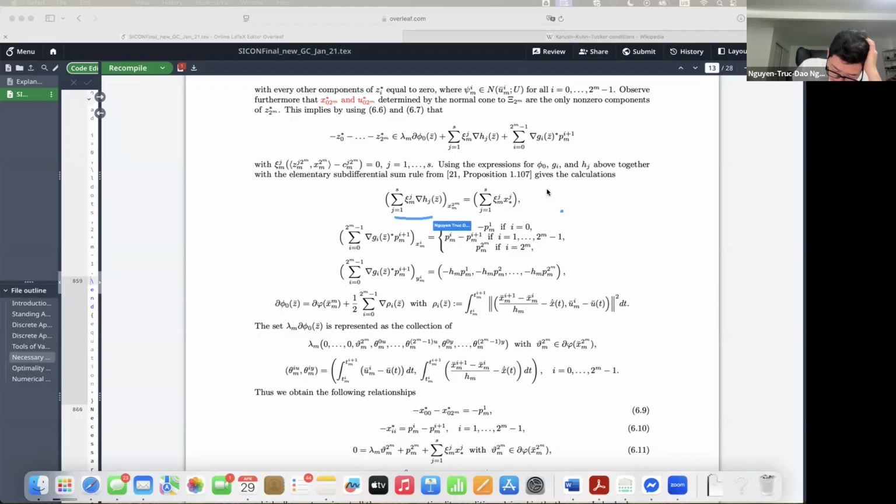The sum when j runs from 1 to S. So let's write in more detail: c_1^m times gradient of h_1 at z bar, plus c_2^m gradient of h_2 at z bar, right? Plus, until c_S^m gradient of h_S at z bar.